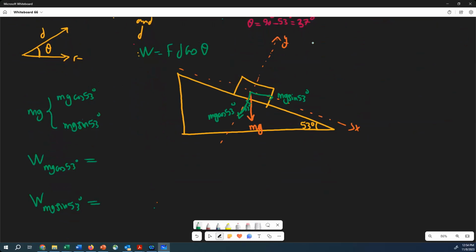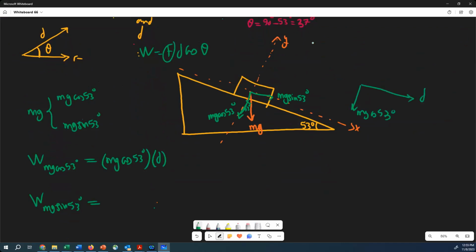What is our force for the first one? mg cosine 53. D is the displacement we have. What is the D? D is in this direction.